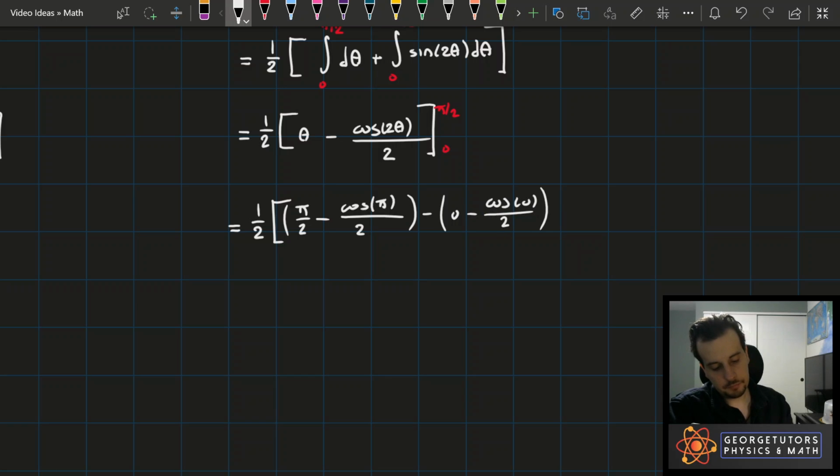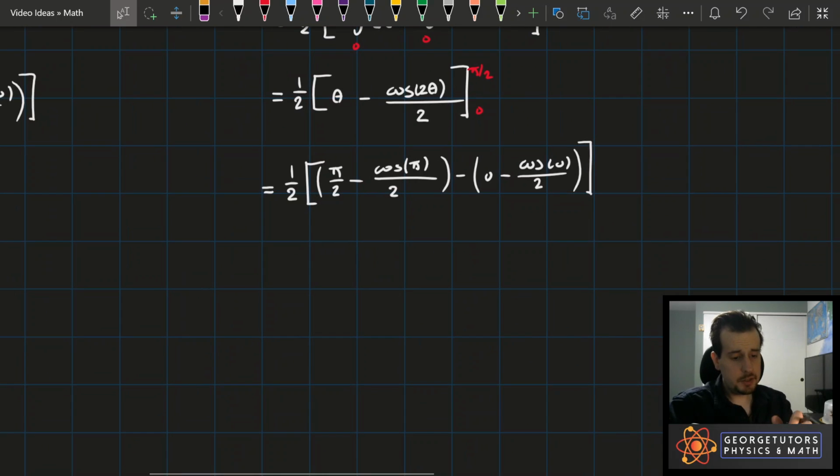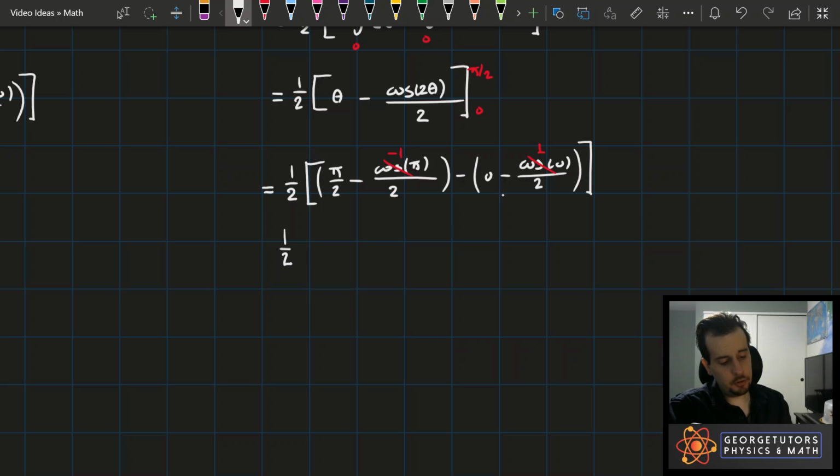Okay, I think this is all good. Let's take a look. Cos of pi here is essentially -1. There's a double negation here. And then cos of 0 is 1. So when we unleash everything here, we have pi over 2 plus 1/2, and then plus 1/2 again from what it looks like here. Double negation.